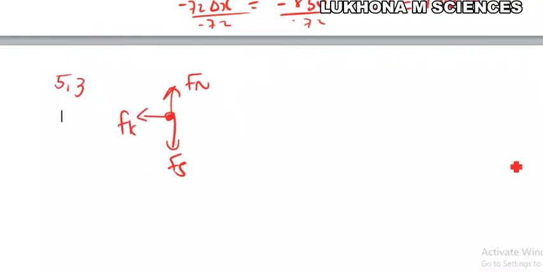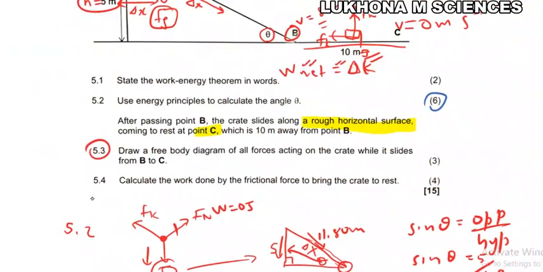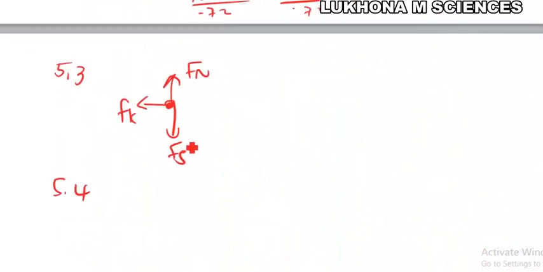Now let's go to 5.4, which says calculate the work done by friction. Calculate the work done by the frictional force to bring this crate to rest. If you look here, this one and this one will have 0 work because they are perpendicular to the displacement, which means we are left with this one.